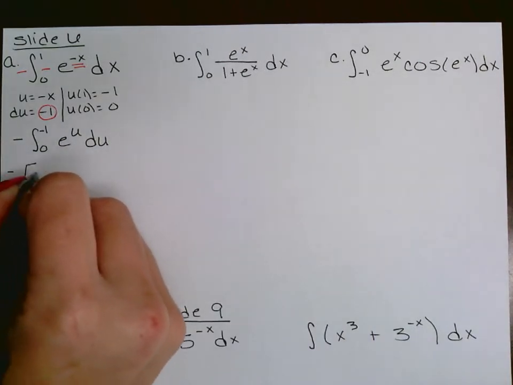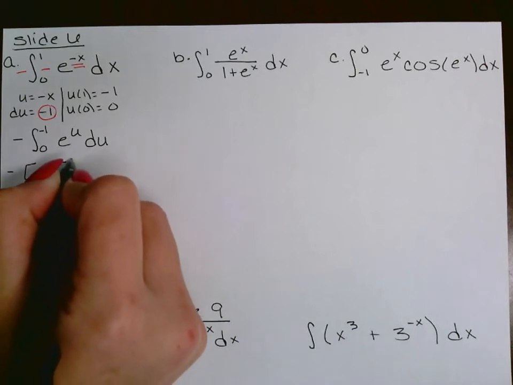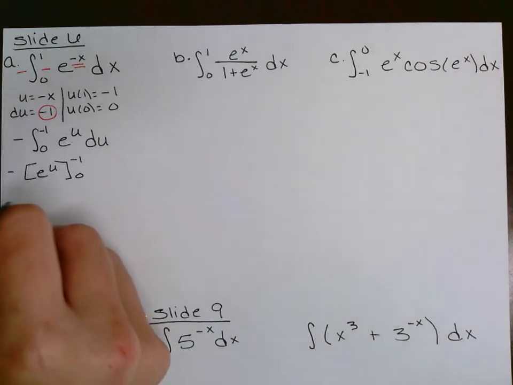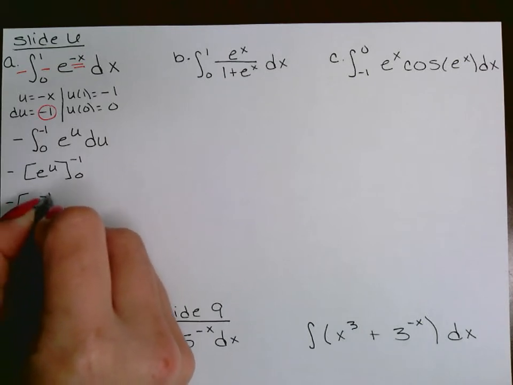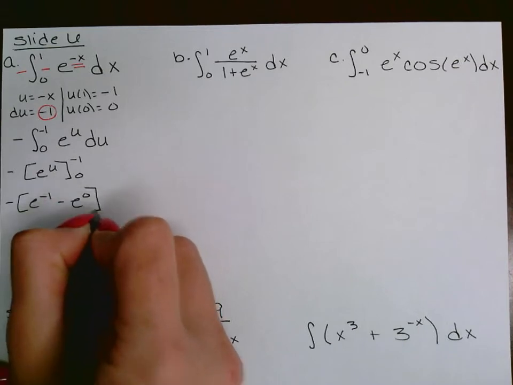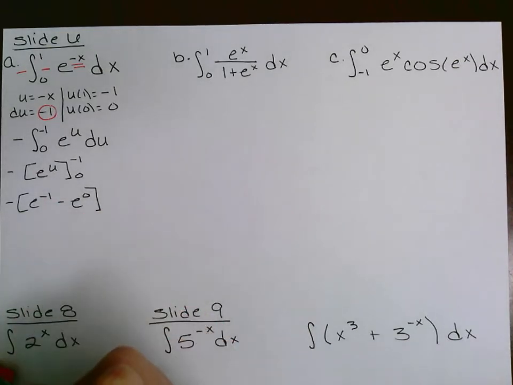Antiderivative of e to the u is simply e to the u. I do not plug the function back into u once I've changed my a and b. Okay? So now I can say, I leave the negative outside, e to the negative first, minus e to the 0. Okay? What do you think your multiple choice option would say?